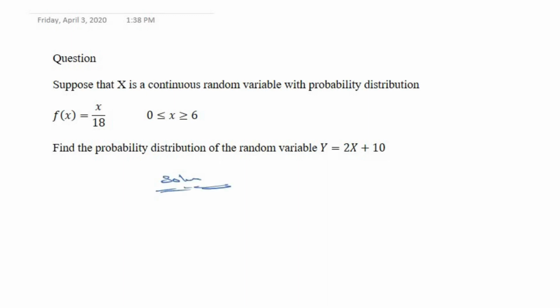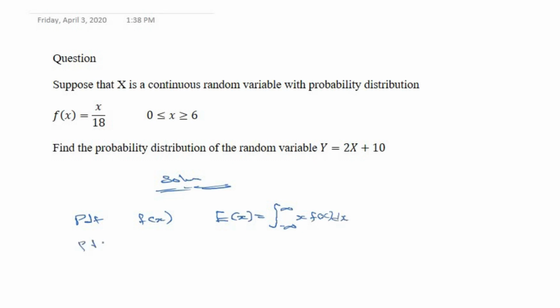Solution. We know that for a continuous random variable x with a probability distribution function PDF f of x, the expected value E of x is equal to the integral from minus infinity to infinity of x f of x dx.